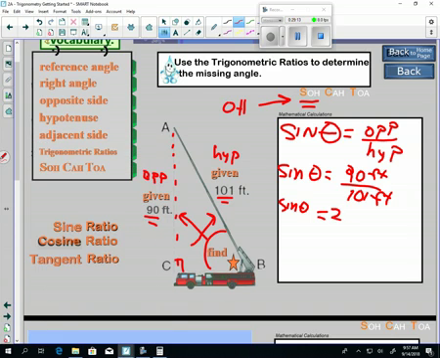You'll see a button on your calculator, 2ND, or sometimes it is shift. You press that key when you have that 0.891, all those numbers, and that will give you the angle. The angle that comes up would be 63 degrees.